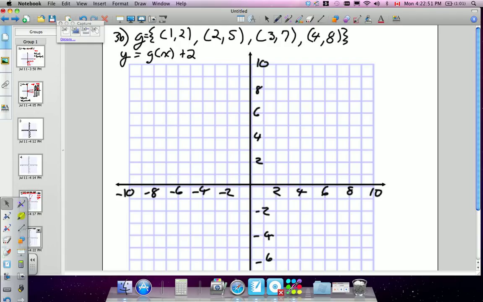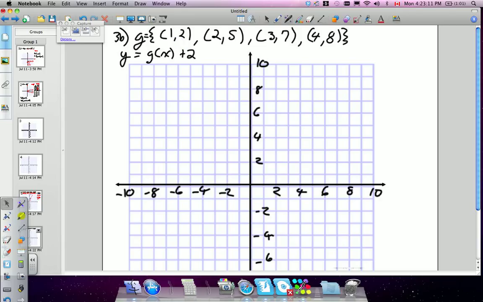So let's think through this. The very first one we plug in is this example. x is 1. So when I plug 1 in here, g at x is actually equal to 2. It's the y value. That's what they're trying to get at. It's the y value here.